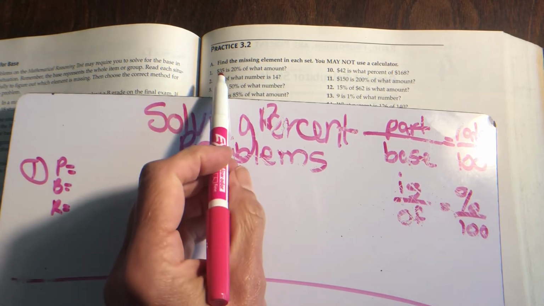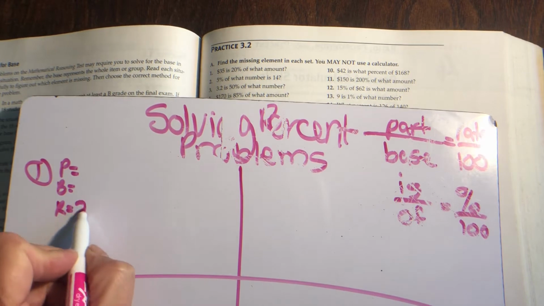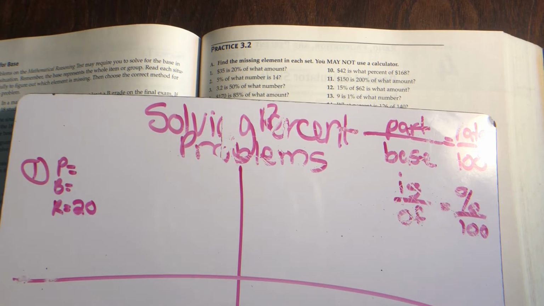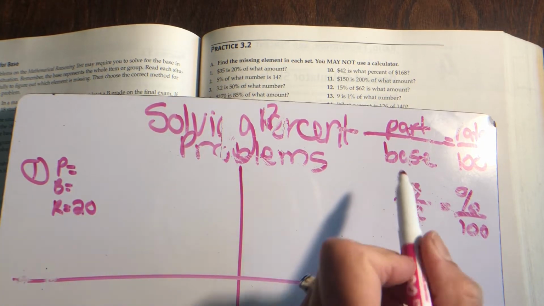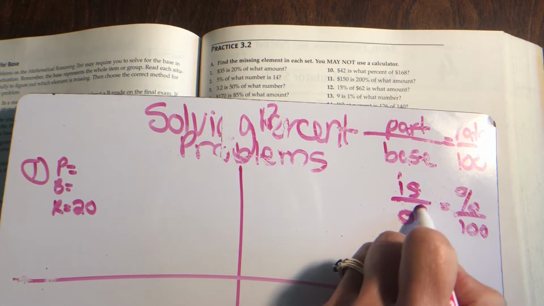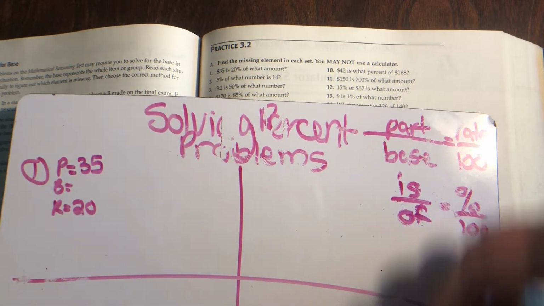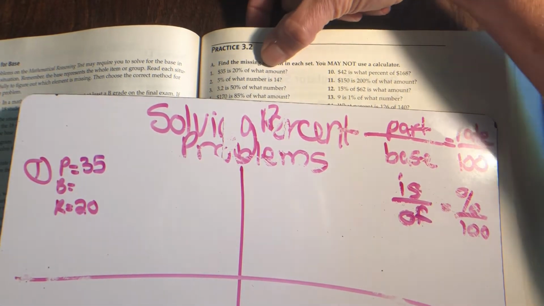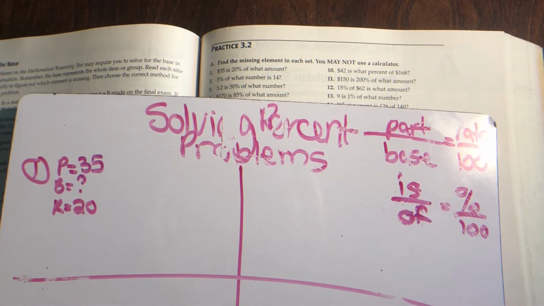Now, $35 is 20%. Okay, 20%, dead giveaway, that's my rate. 35 is, so that would have to be the part, right? So we put it up here at the top, and it says of what amount? In other words, I don't know. So I'll put a question mark where I don't know.